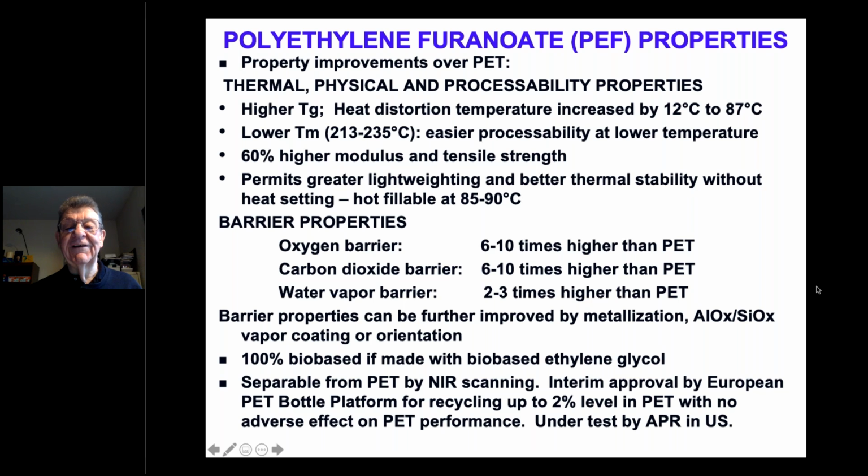But a real big advantage is order of magnitude improvement in the oxygen and carbon dioxide barrier, and a significant improvement in the water vapor barrier. And these can be improved further by metallization and vapor coating and orientation. If you use bio-based ethylene glycol, it's 100% bio-based. And for recycling, you can separate it out from PET by near-infrared scanning.